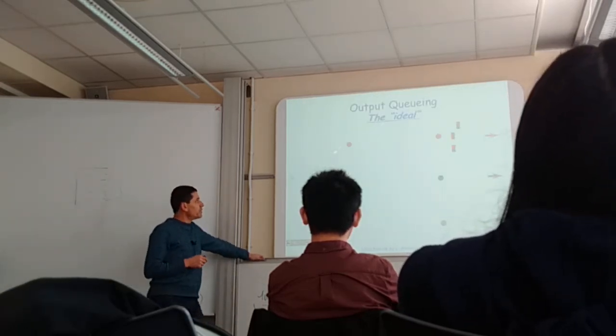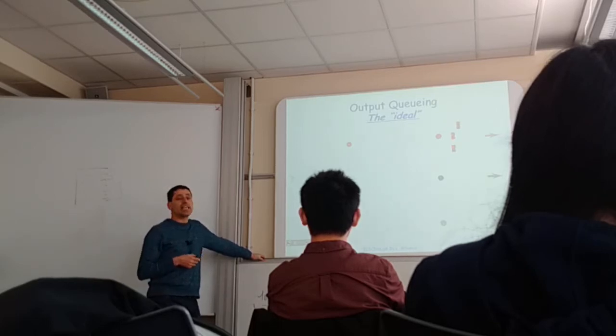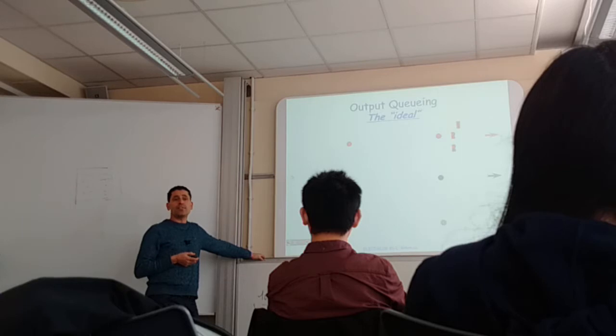As you can see here, if this n grows fast, for example, if I have a router with a high number of interfaces, let's say 256 interfaces, and each one of them is 10 gigabit per second, the memory bandwidth for an output queue switch will be n+1, which means 256 plus 1 times the line rate, 10 gigabit per second. 257 times 10 is 2570 gigabit per second of memory bandwidth, which is impossible to build. So that's why the memory bandwidth is a problem, and therefore the architecture is a problem.